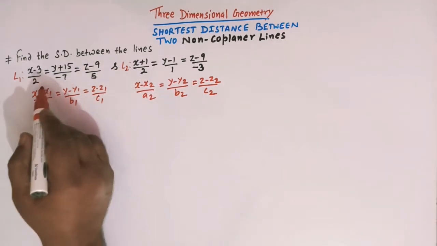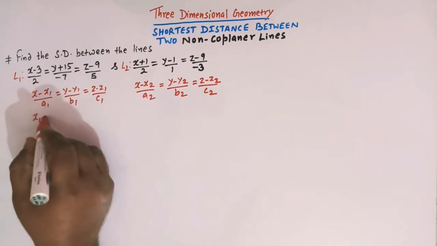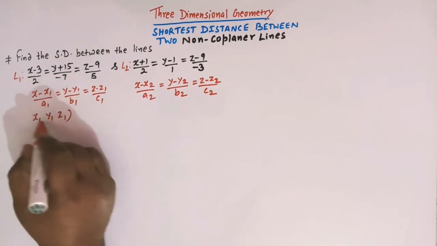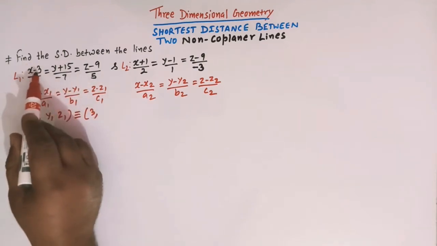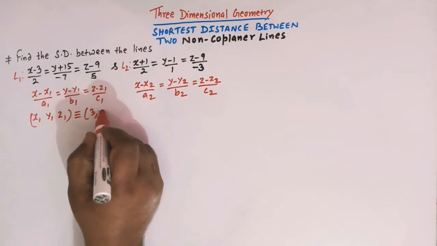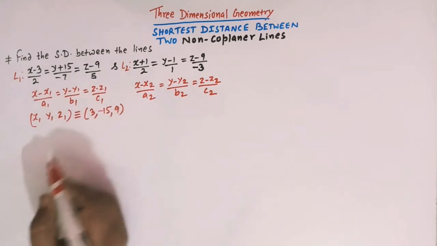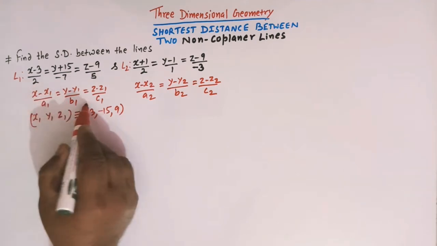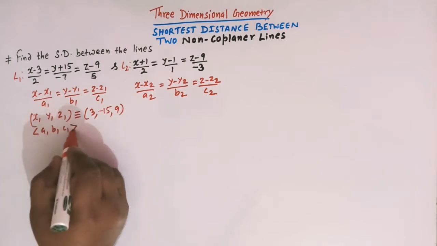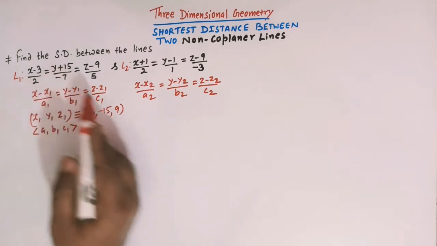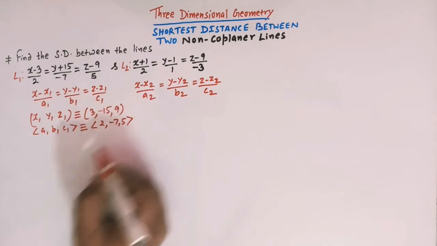So now if we compare these two equations, we get x1, y1, z1 as 3, minus 15, and 9, right? And the direction ratios a1, b1, and c1 are given as 2, minus 7, and 5, right?